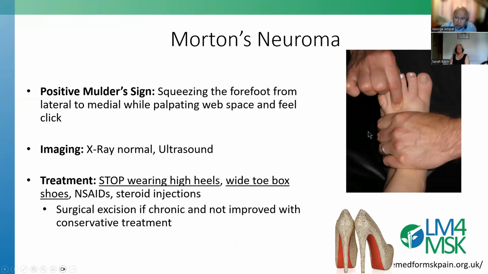If you take the whole foot, hold it with your hand and squeeze it, you're actually taking out that small tumor from between the third and the fourth metatarsal. It'll dislodge upwards, and then you can push it back in. And while you push the small nodule of the nerve, you can hear a small clicking noise, and that clicking noise is the Mulder's click or the Mulder's sign. That is characteristic of Morton's neuroma.